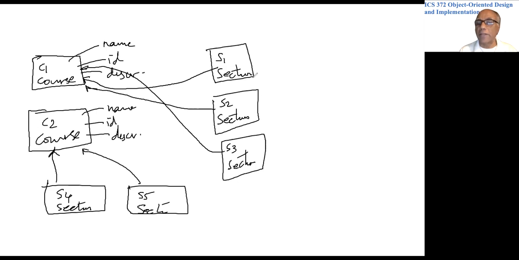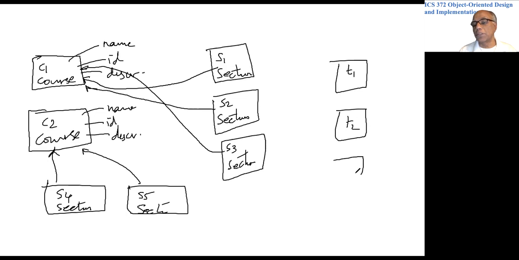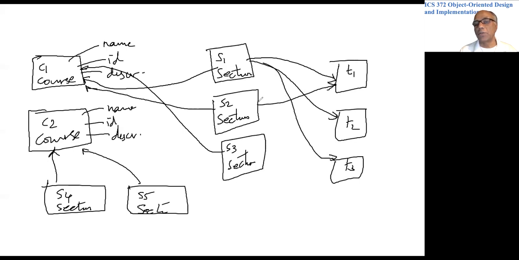And to add to the complexity, we have student objects, let's say T1, T2, T3, and so on. So section 1 says, I have T1, I have T2, and I have T3 in it. Section 2 says, I have T1 and T2 in it.